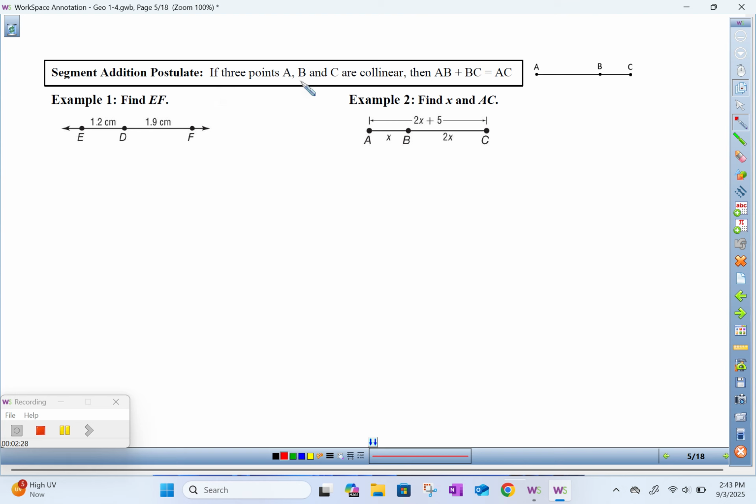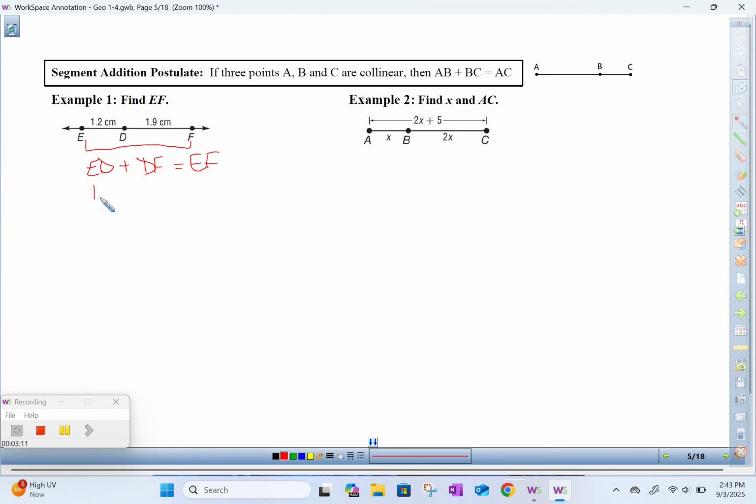It says if 3 points A, B, and C are collinear, from last time, collinear means they share the same line. Well, we see that over here. Then AB plus BC, remember those are the lengths, is equal to the length of AC. Essentially, small length plus small length is going to equal the larger length. So on here, if we want to find EF, we just have to realize that that is the longer length. We are saying ED plus DF, the shorter ones, is equal to EF.